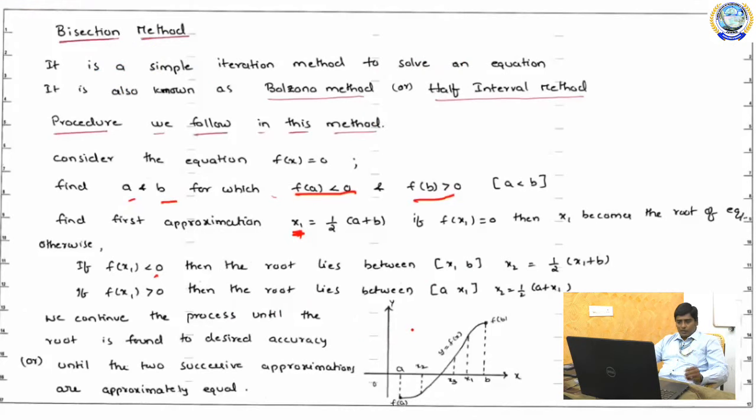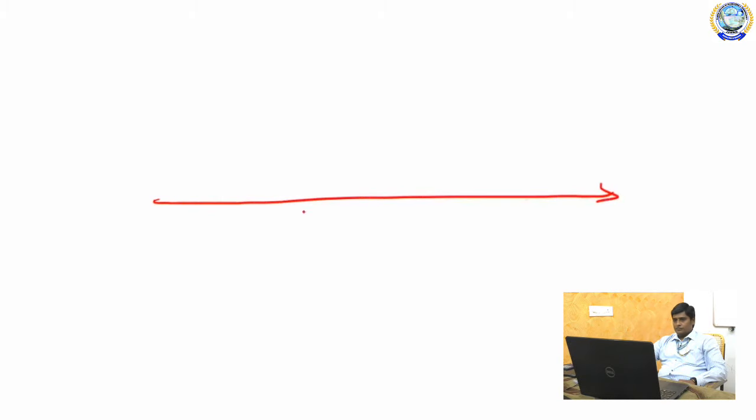So I want to explain like this. If I take an equation, I choose a negative value a, which gives f of a negative, and I choose a value b, which gives f of b positive.